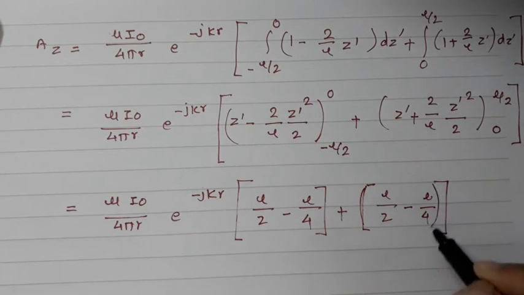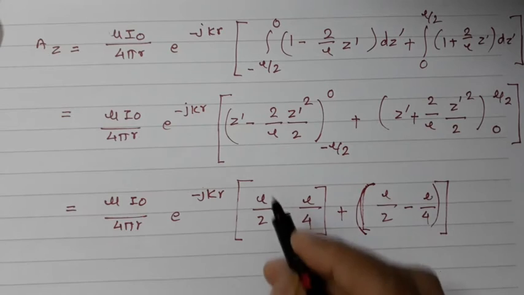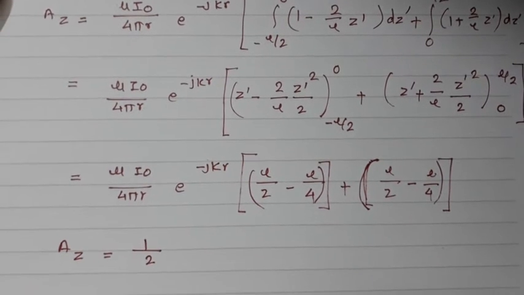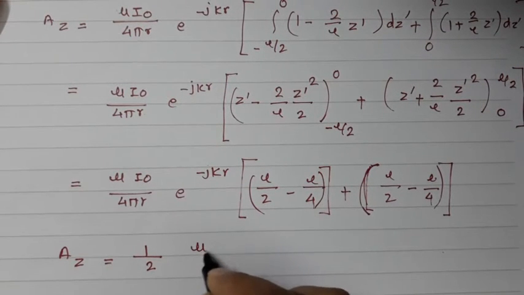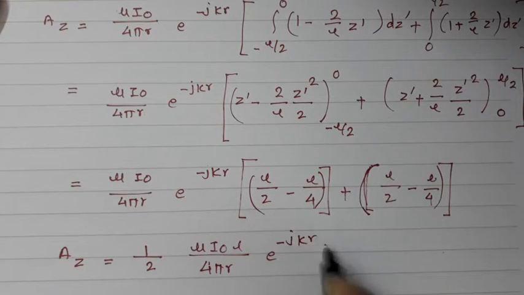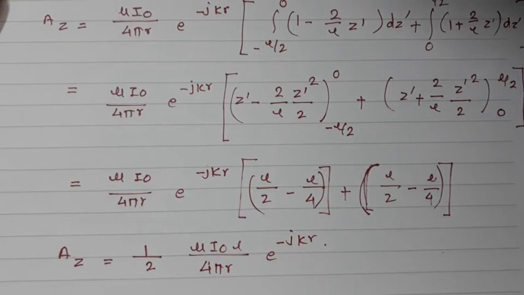So again solving this equation, I'll get Az is equal to 1 by 2 times mu I0 L divided by 4 pi r e raised to minus jkr. Now here we can see the term 1 by 2 is kept out in the expression purposely because the remaining expression is the same as that of Az for the infinitesimal dipole.